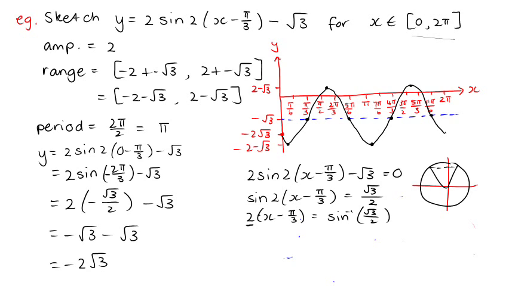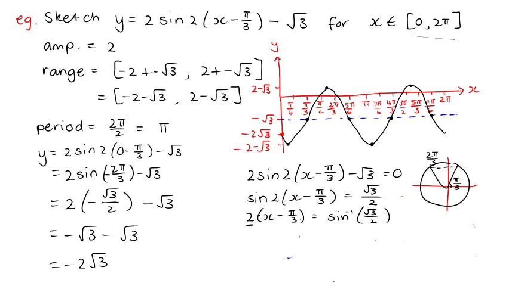Okay, so this one is pi on 3. What's this one going to be? 2 pi on 3. Yeah, or you can do pi minus pi on 3, which is just 2 pi on 3.